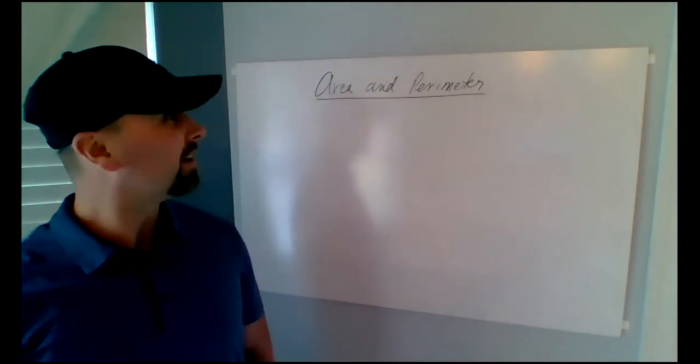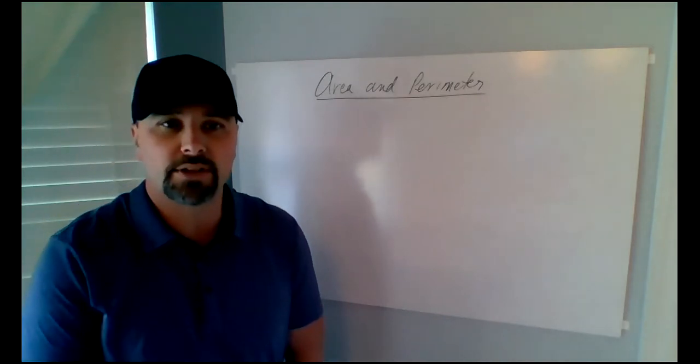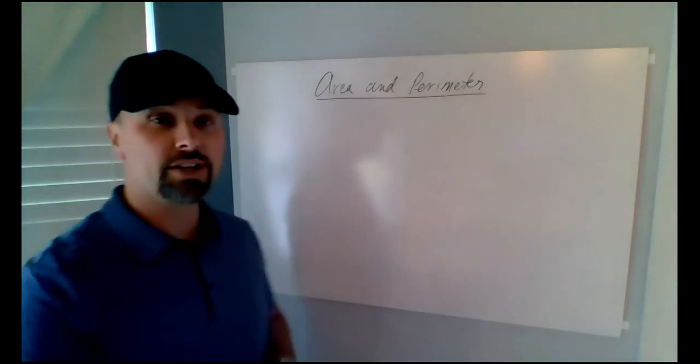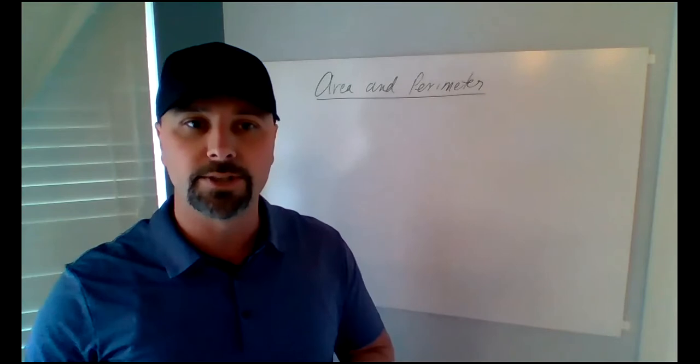First off, perimeter is pretty basic, pretty easy to understand. Basically, if you want a definition for perimeter, it's a measurement around the outside of a space.